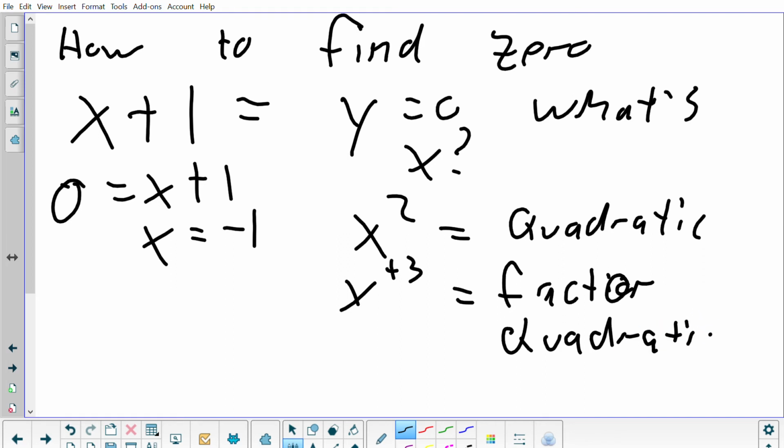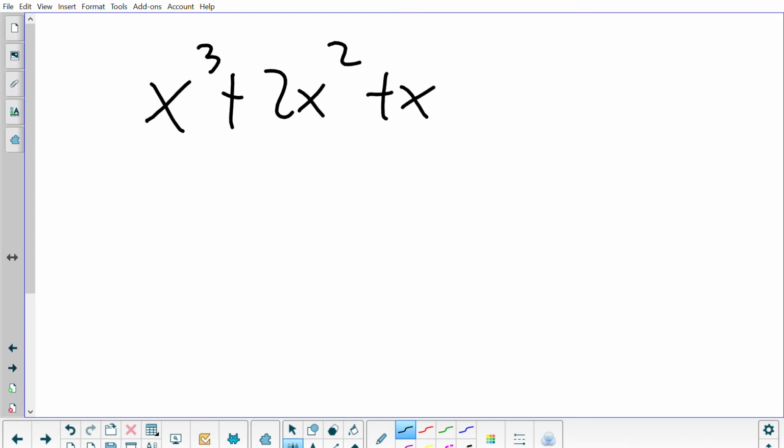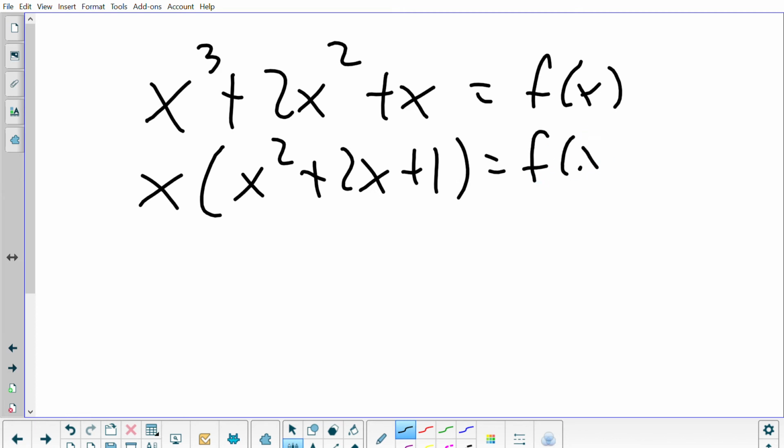So an example might be that I have x to the third plus 2x squared plus x. Okay? So I factor out an x. I'm going to say this equals f of x. We factor out an x, and I have x times (x squared plus 2x plus 1) equal to f of x. And it is when it's equal to 0 that we find our zeros.